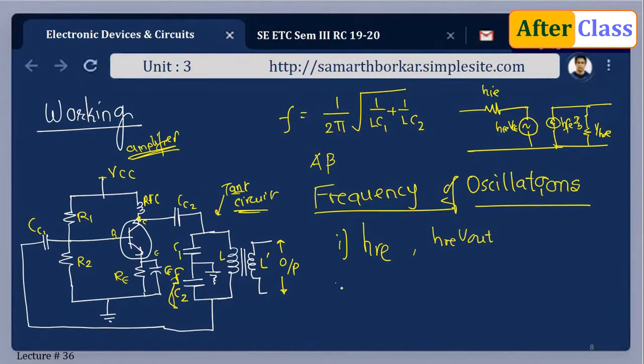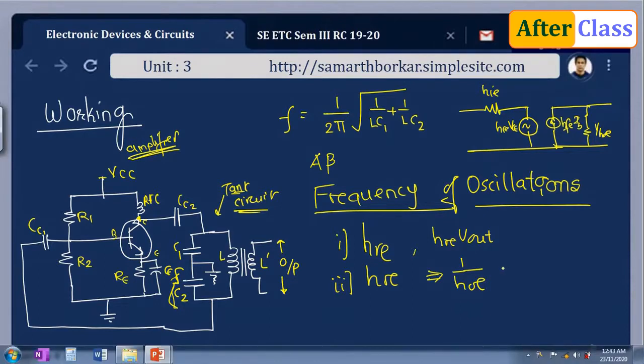Fine. And secondly, the value of HOE is typically 10 to the power minus 6, which is very small. That means this is the admittance, so 1 upon HOE is the resistance; if this is 10 to the power minus 6, then 1 by HOE will be 10 to the power 6.